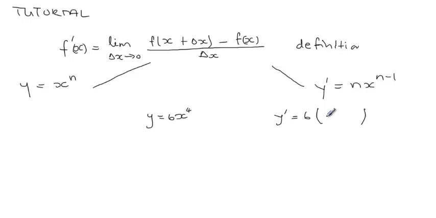So it will say 4x to the 4 minus 1. I'm using exactly that rule there. We call this the power rule. So the derivative ends up as 6 times 4 times x to the power 3.